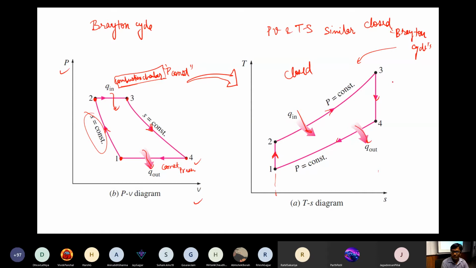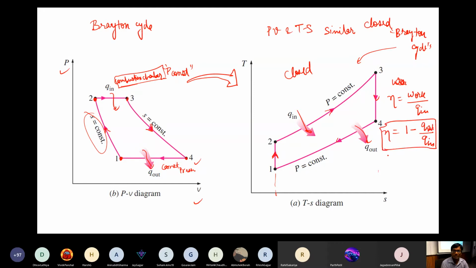So again, your efficiency can be written as work divided by Q in. Similarly, work is nothing but Q in minus Q out, right? So you can come again to Q out divided by Q in, in a similar way.